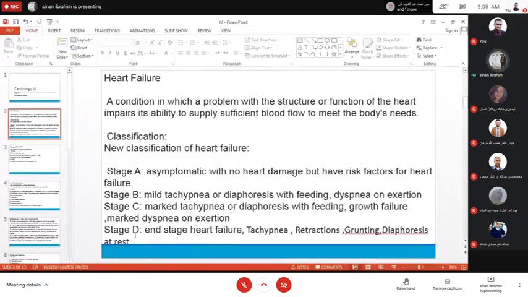While stage D will be end stage heart failure: tachypnea, retraction, and grunting, which means a severely dyspneic patient, and also diaphoresis, sweating at rest.